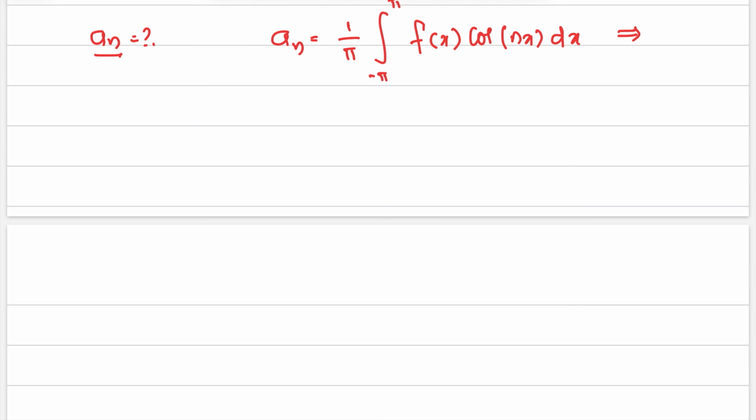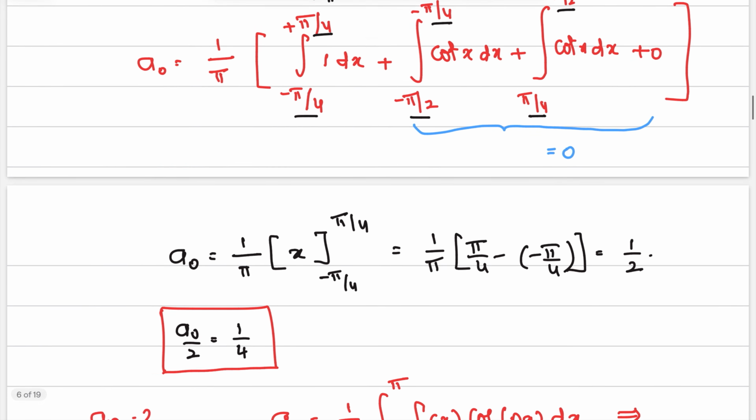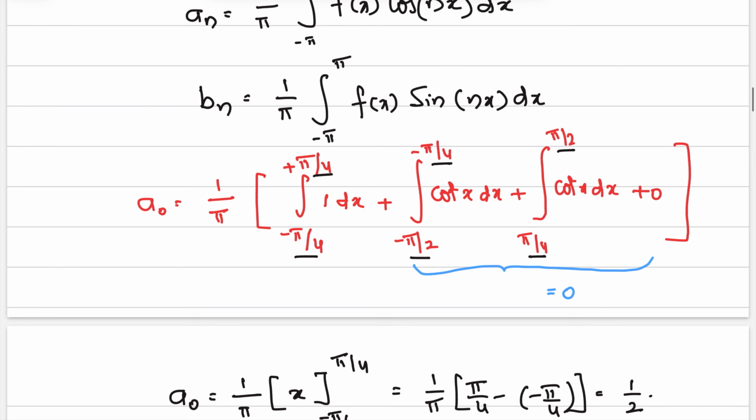Here you see, the first band is minus pi by 4 to plus pi by 4.